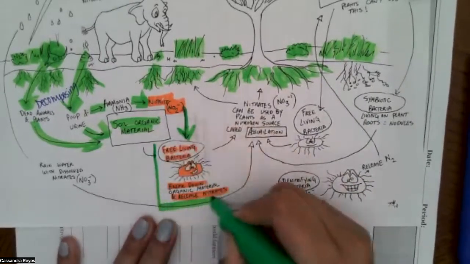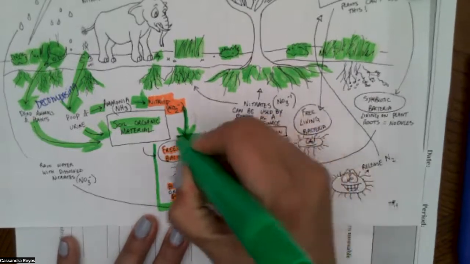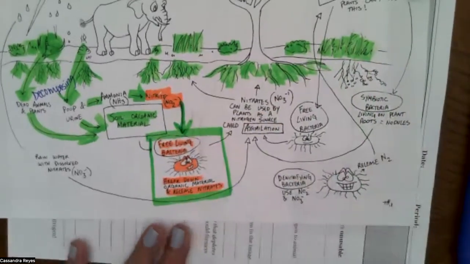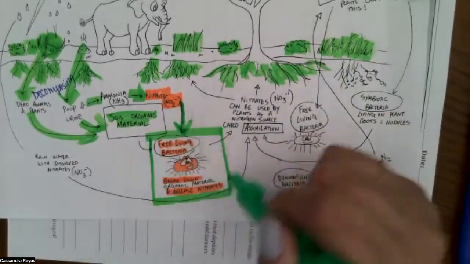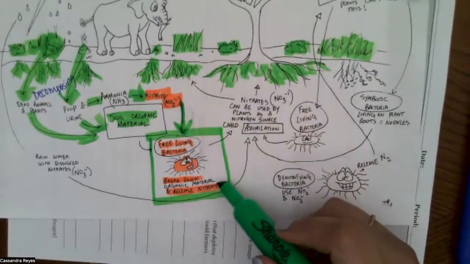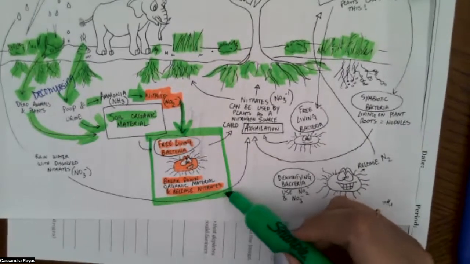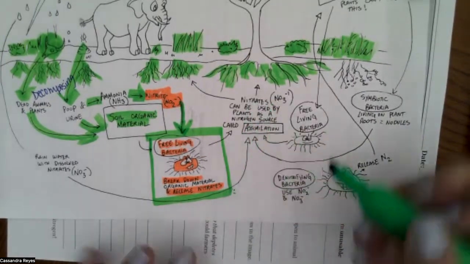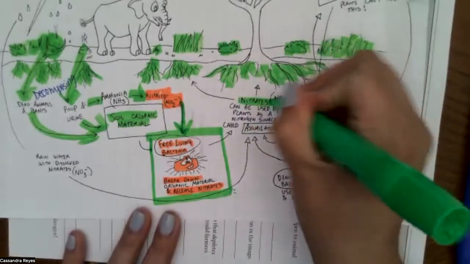So this guy's really cool. We like him because he keeps us alive and he lets us build our bodies, basically. But anyways, we have some free living bacteria down here in our soil, and he is going to help us break down this nitrite and release the nitrates that our plants do love and use.